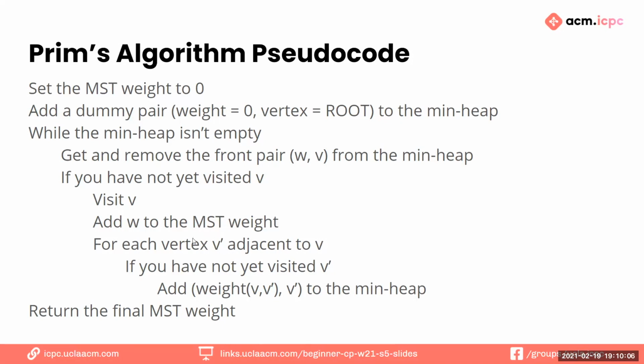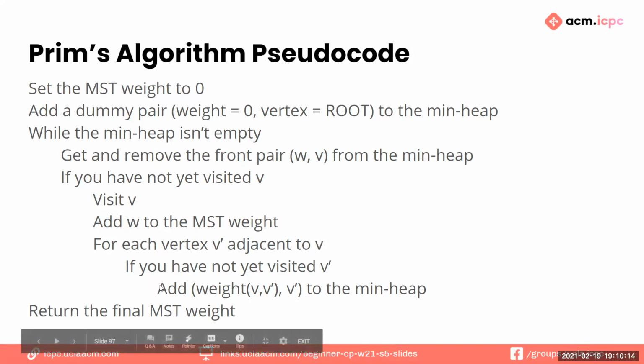And then for each vertex V prime that's adjacent to V, if you haven't visited V prime yet, then you want to add the edge from V to V prime to the min heap. So that would just be adding the weight between V and V prime, and then the adjacent vertex, which would be V prime, to the min heap.